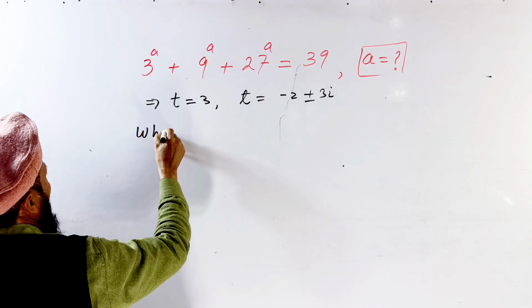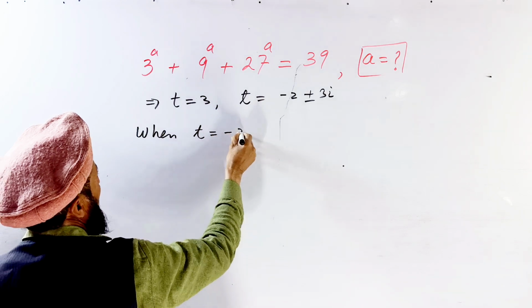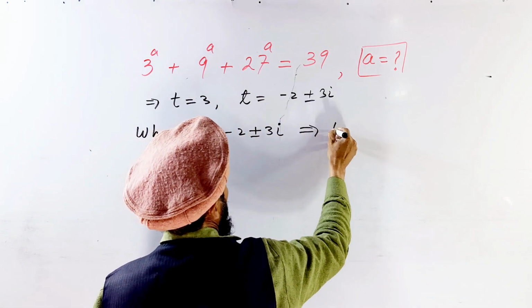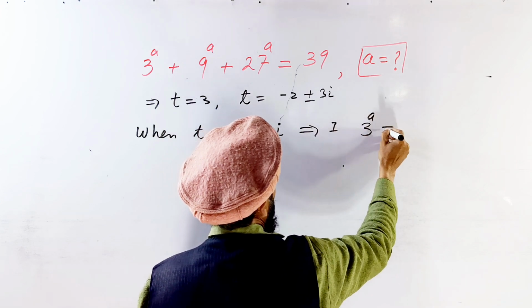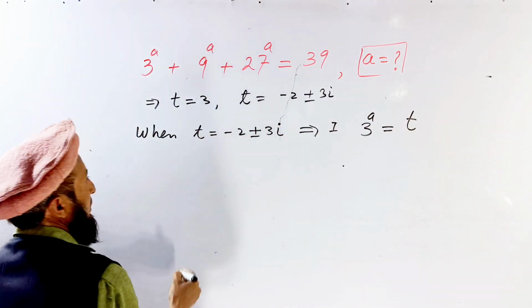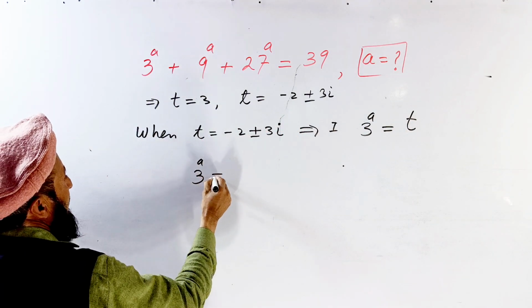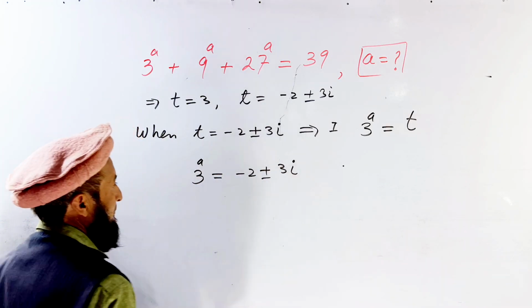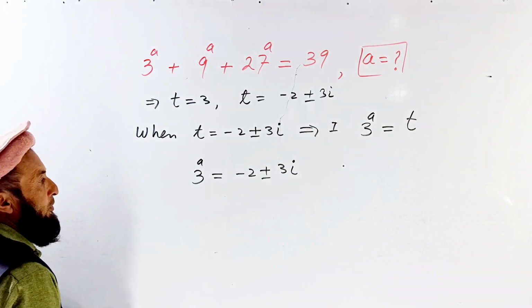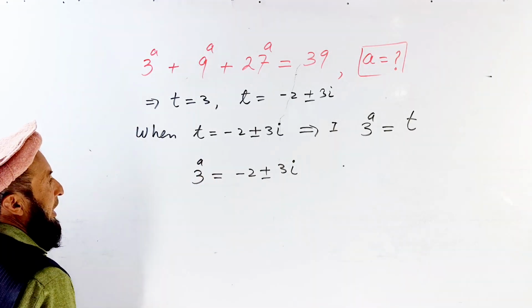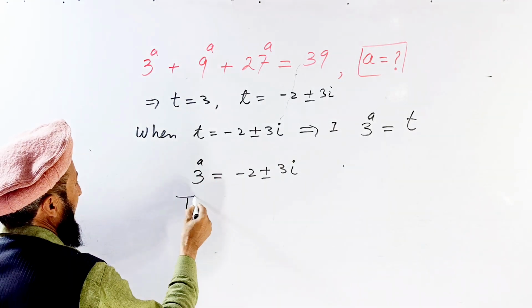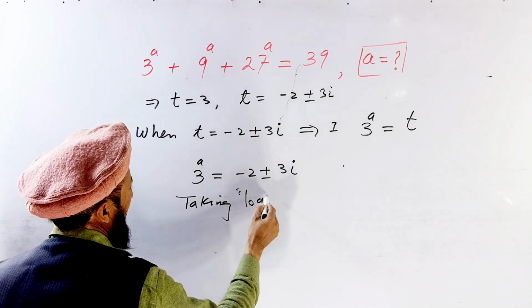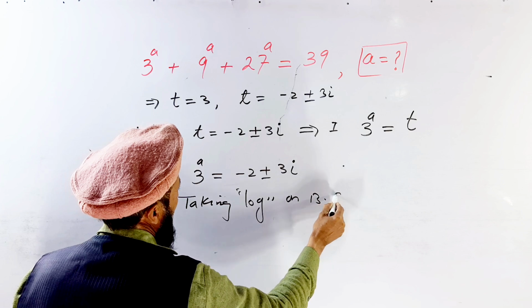When t is equal to minus 2 plus minus 3 iota, then equation number 1 becomes 3 exponent a is equal to minus 2 plus minus 3 iota. Now we are required to find the value of a. We take log on both sides of this equation.